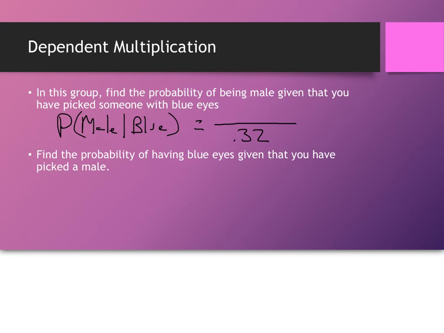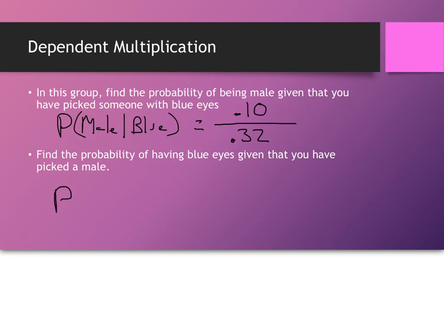On the top goes the males with the blue eyes. So that's 0.10. And by the way, it's perfectly fine to leave your answer like that, to write it as 0.10 divided by 0.32. You don't have to give me the decimal version of that. The decimal version is 0.3125, but it's perfectly okay to leave your answer as 0.10 divided by 0.32. In fact, that shows me that you know where these things are coming from.